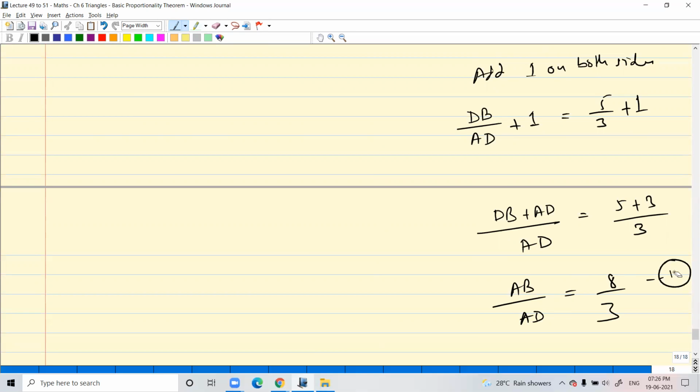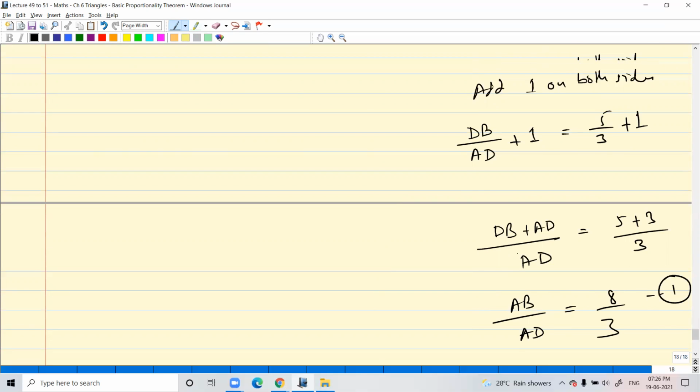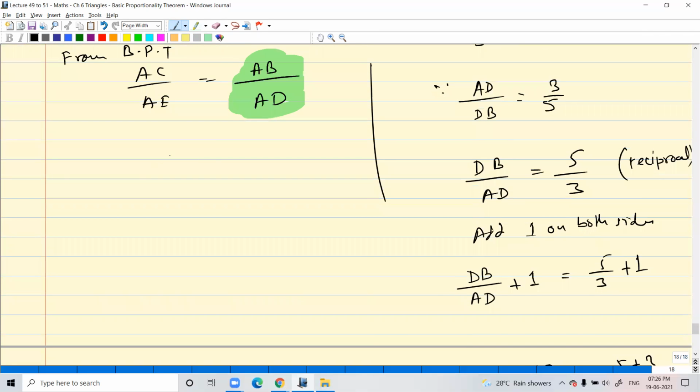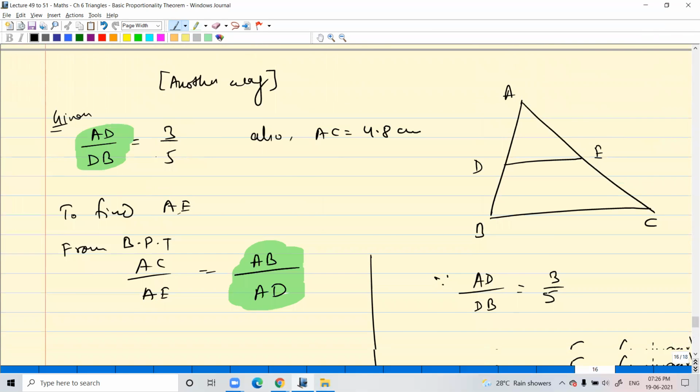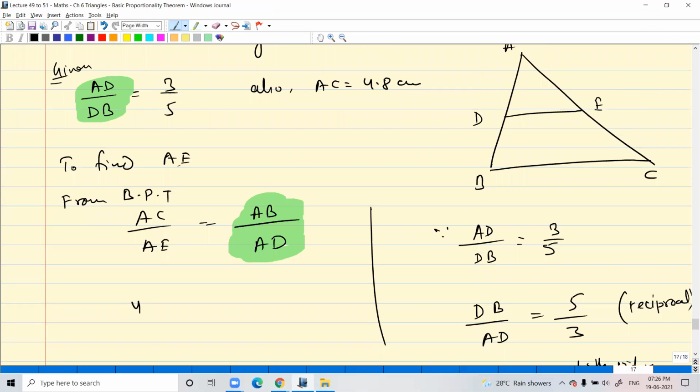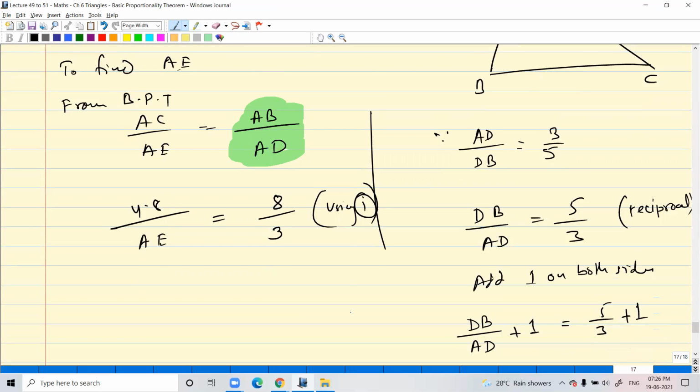Call it equation 1 and then use that over here in this one. So AC by AE, AC is what? 4.8. AE is something which we need to find out, and just now we found AB by AD is 8 by 3. Okay, mention that, where we got the value from. Is it clear, everyone?